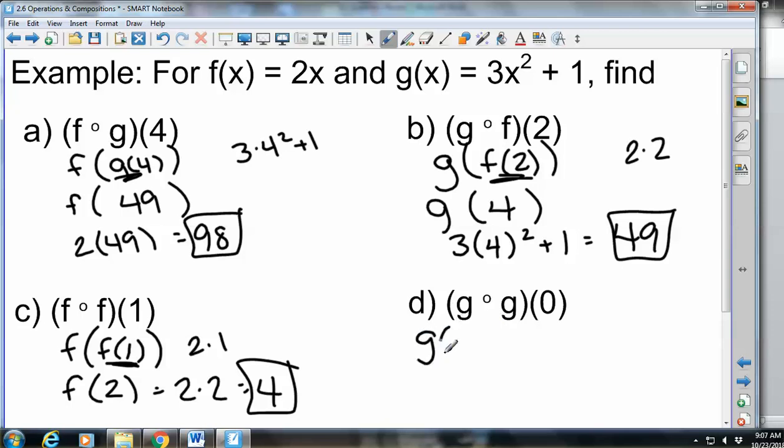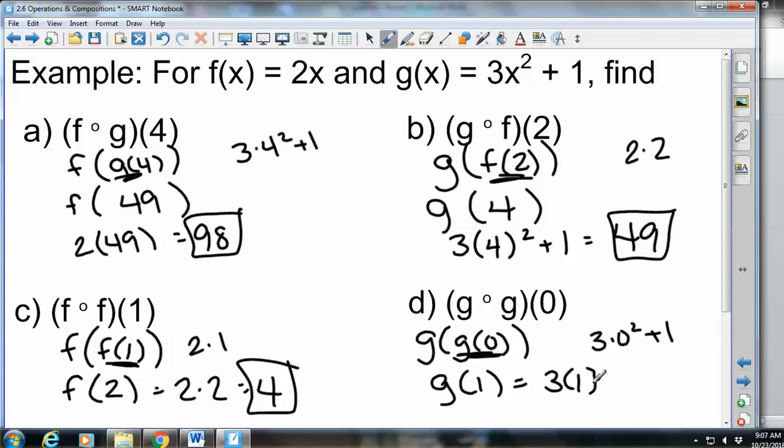Last one, we have g of g of 0. So start with g of 0, put a 0 in there, you get 1. So g of 1, if you plug a 1 into g, you get 4. Are we doing pretty well with this?